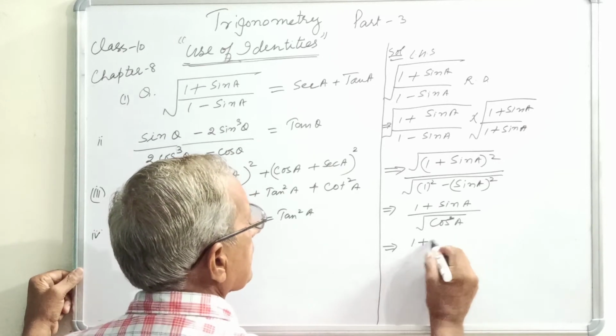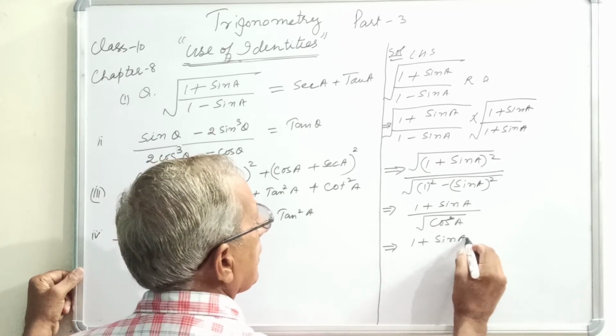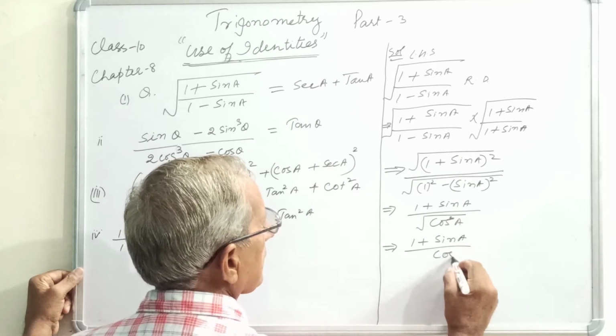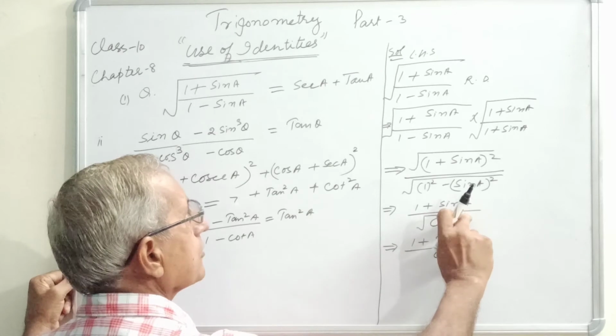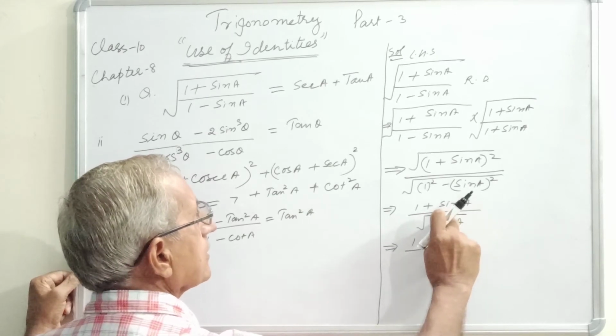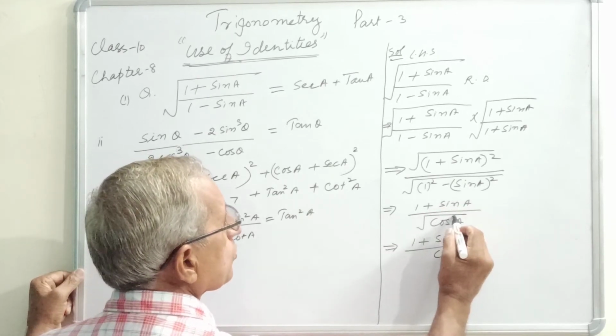So 1 plus sin A upon cos A under root and square. Here is written power 2.